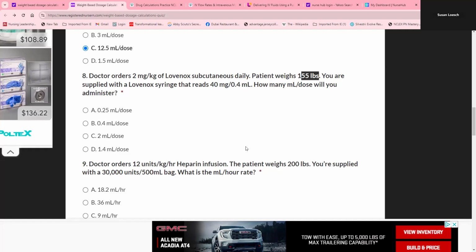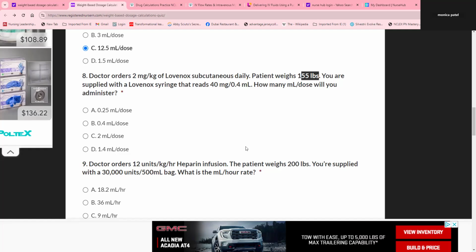You were right to multiply that times the 2 milligrams. Yes. And that gave you 140.9 milligrams per dose that you're administering daily. Right. I got it. Thank you. Now you have to divide that by what you have on hand in order to get the desired dose.